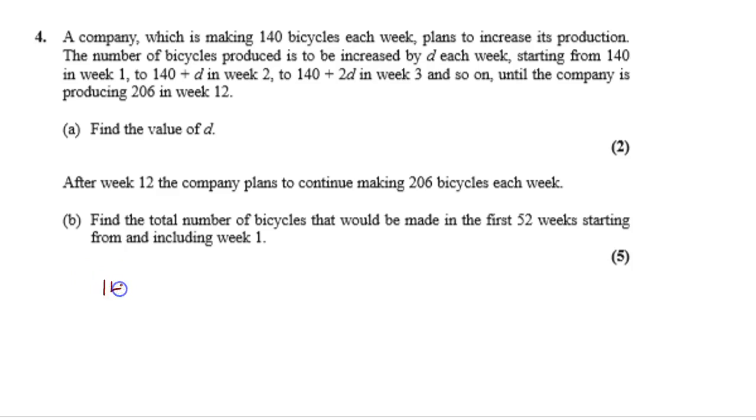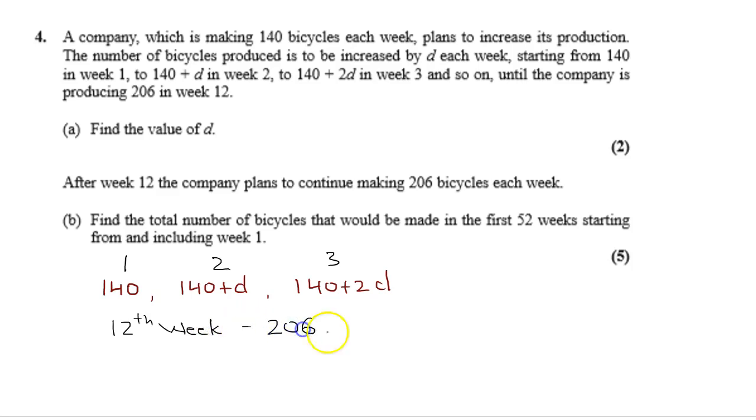So the first week it is 140, second is 140 plus d, 140 plus 2d. This is the first week, second week, third week. So in the 12th week, it's making 206 bicycles.